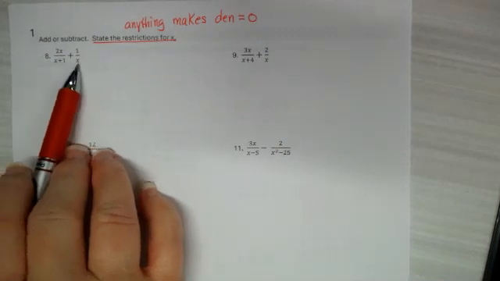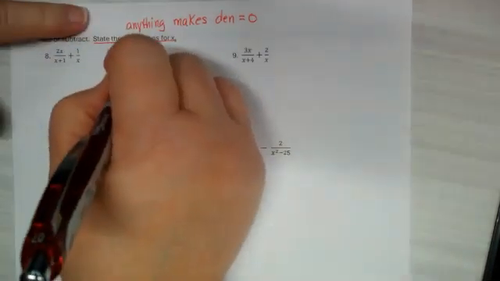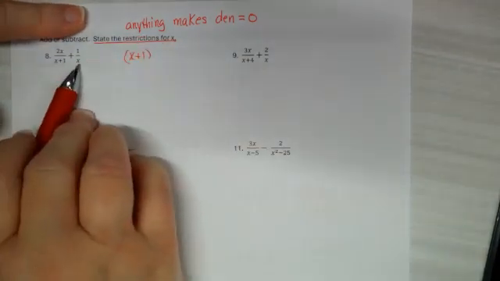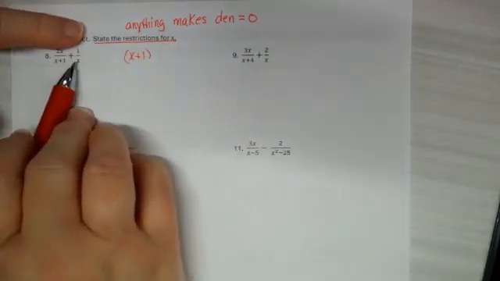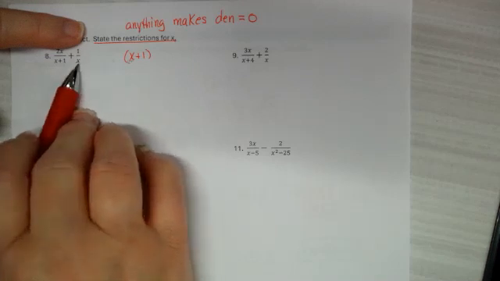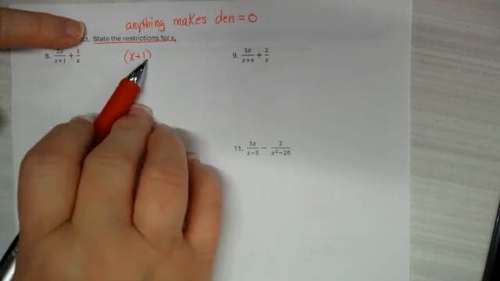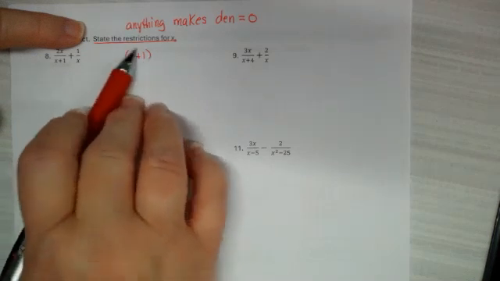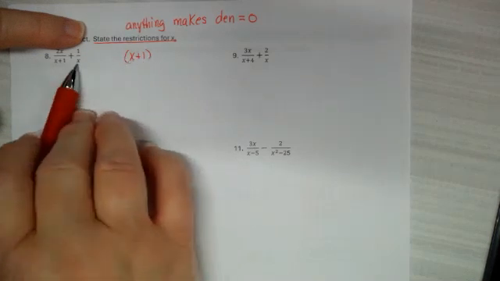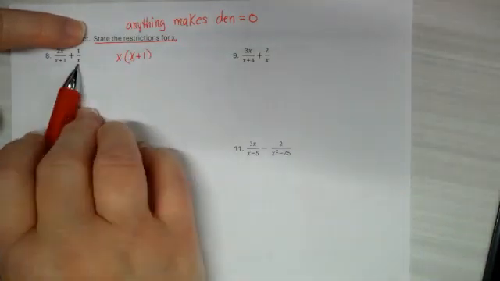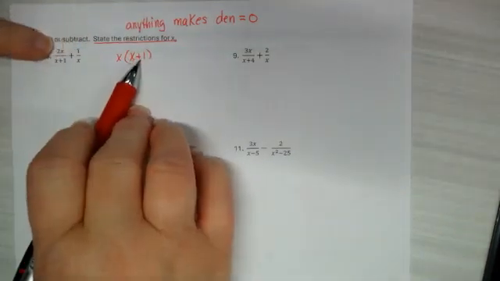Look at number 8. Look at my denominators. So I'm going to start out and just say x plus 1 is going to be part of my denominator. And then I see this x. Now some people are going to say, well, oh, look, there's an x right there. But this is an x, and this is an x plus 1. X plus 1 is a factor, and that's a package deal. So x is separate. So I need a separate x for this one, and then an x plus 1 for the first one.